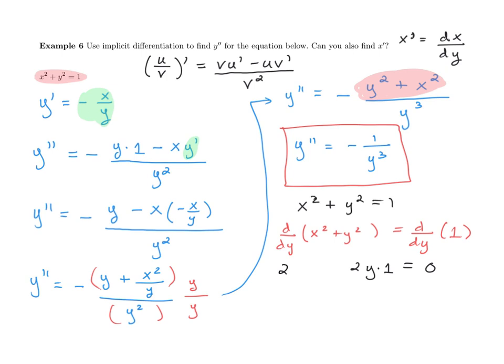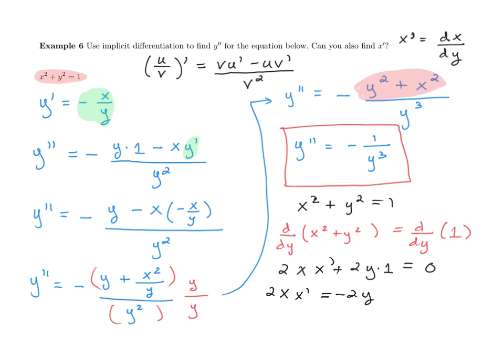What's different is, what if you take the derivative of x squared with respect to y? This will be 2x, but these two variables are different. You now have to multiply by the derivative of x with respect to y. You could use this symbol or this symbol. I'll put x prime. Here, if you solve for x prime, we will subtract 2y to the other side of the equation.